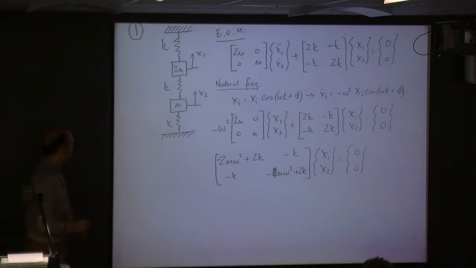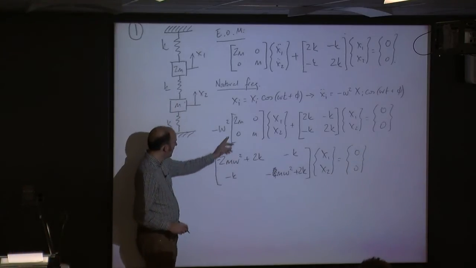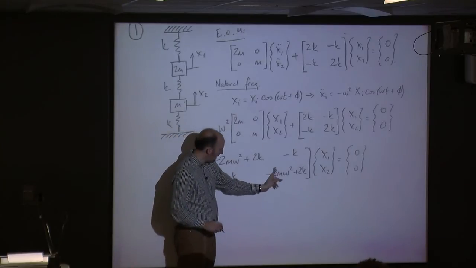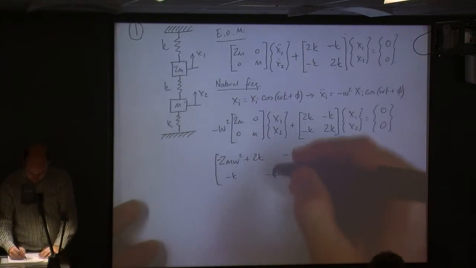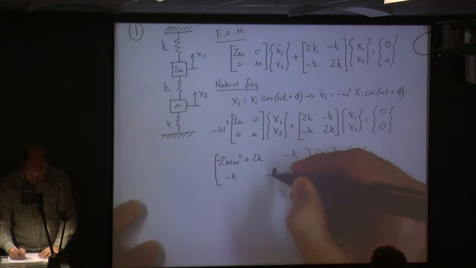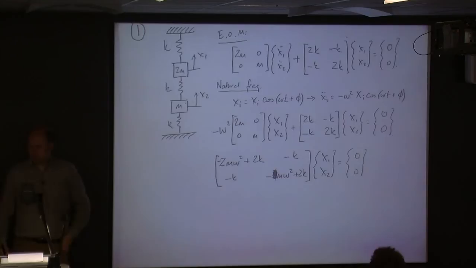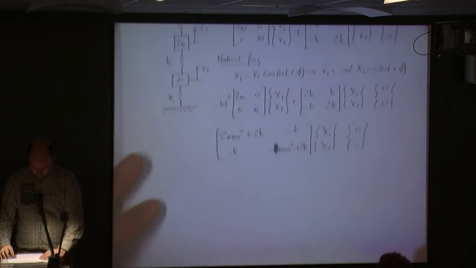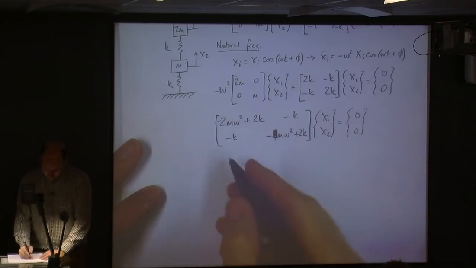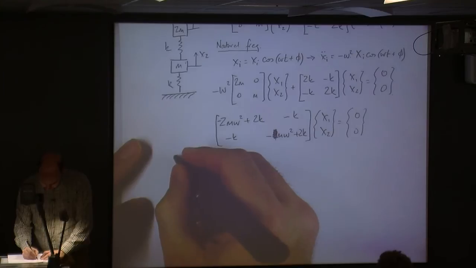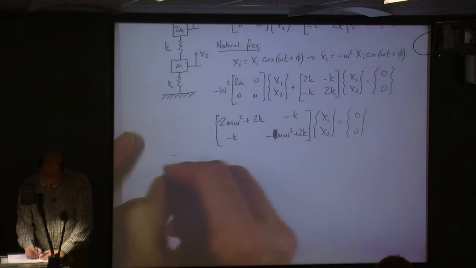Obviously we've got a minus 2m here and we've got a minus m down here. The 2 there is wrong. Okay, so cross that out. So I shall rewrite this box. So some natural frequencies.